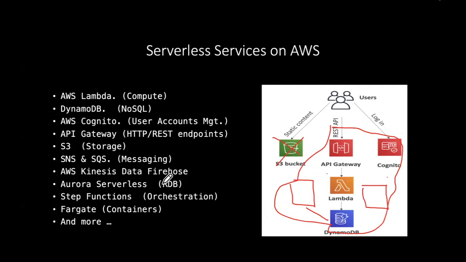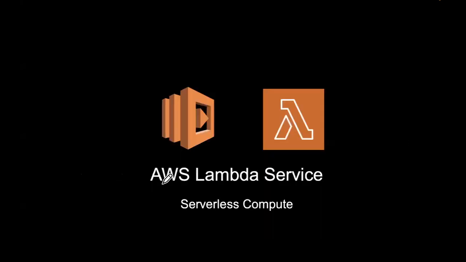So that's the big picture objective. We just need to step our way through some of the main AWS serverless services, and certainly top of that list is the Lambda service. This is the service that we use to deploy our actual functionality.